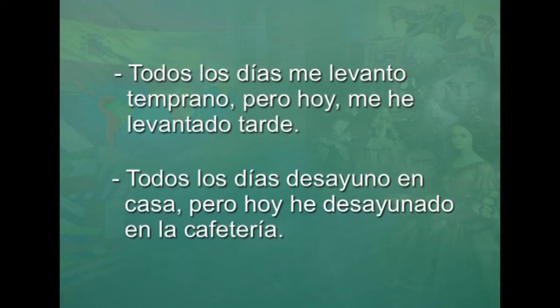Todos los días desayuno en casa, pero hoy he desayunado en la cafetería. You must have noticed the difference in the verb conjugations.